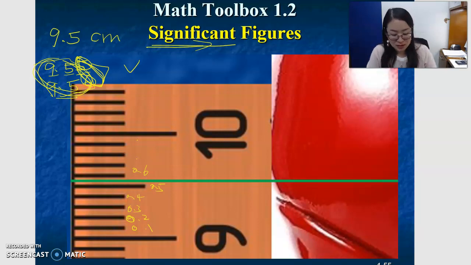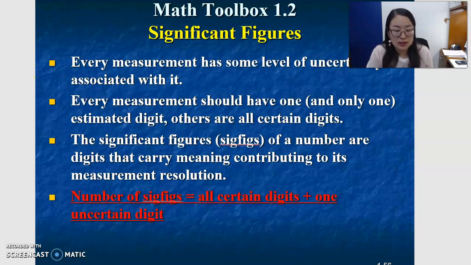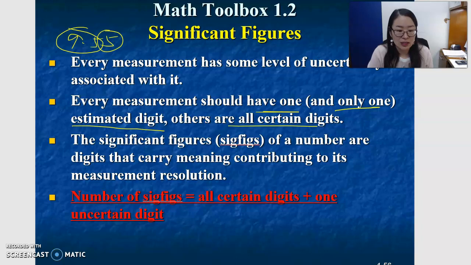Okay, so let me summarize this together. Every measurement has some level of uncertainty associated with it, and every measurement should have one, but only one, estimated digit. Others are all certain digits, like in 9.55. This one is the only guessing digit, and the others are all certain digits.